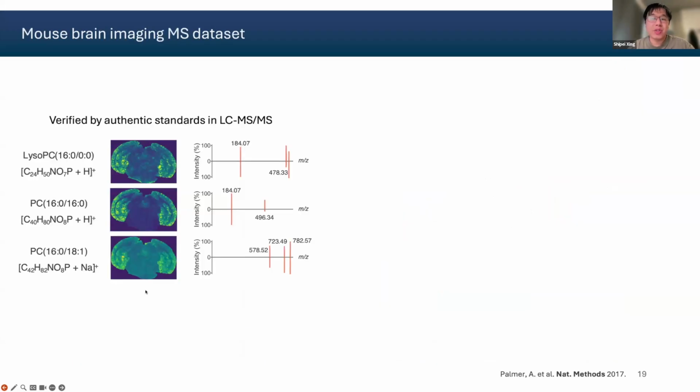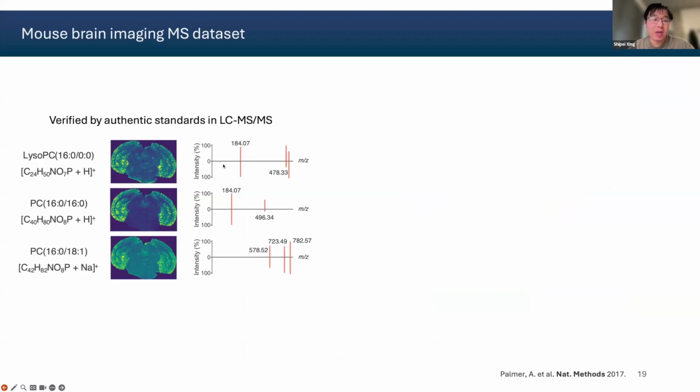Going to the real imaging datasets, we were able to annotate lipid molecules in the mouse brain, and all these molecules have been verified using LC-MS data. Say we have lyso-PC and PC lipids with different chain lengths and different double bonds.